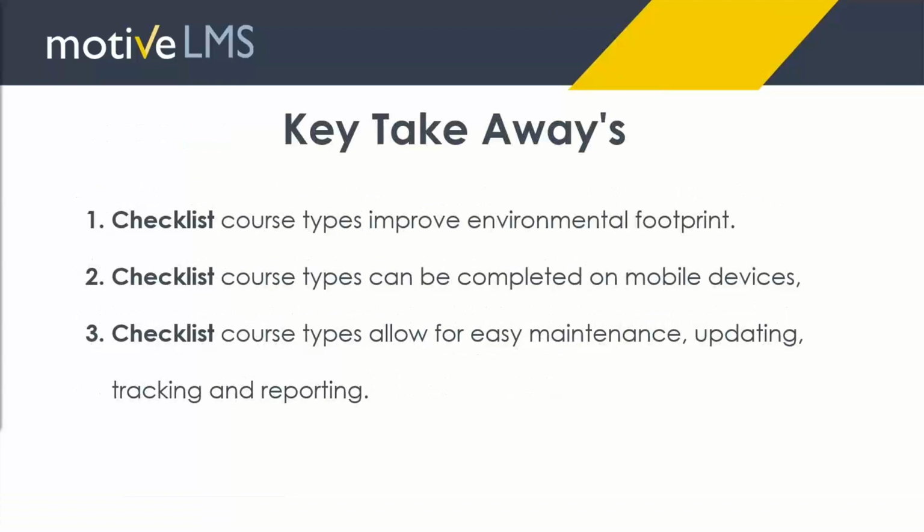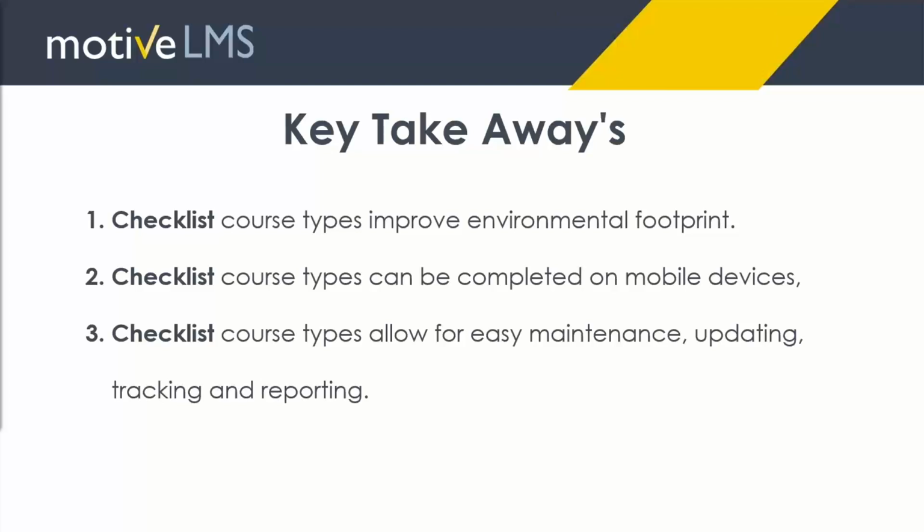Okay, well, if there are no other questions, I just wanted to make sure that you guys have a couple of key takeaways from this session. The first one is that checklist course types help improve the environmental footprint by reducing the amount of paper that has to be printed, stored, housed, and transferred back and forth.